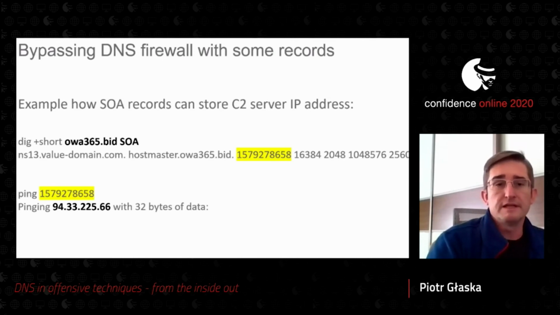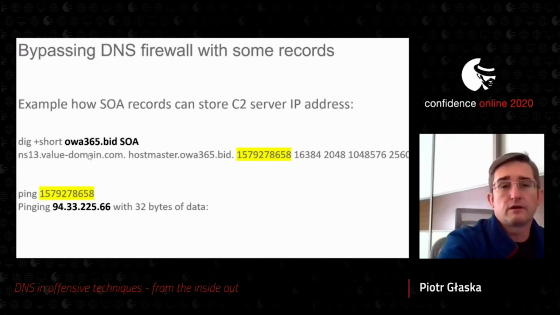It's very easy, because in SOA record, you have the master name server in the first field, the email of the administrator in the second field, and then you have a 32-bit integer, which is the serial number of the zone file, and then some TTL stuff, also 32-bit integers. So you can use, for example, the serial number field, which is a 32-bit integer, to store an IP address. An IPv4 address is also a 32-bit integer.